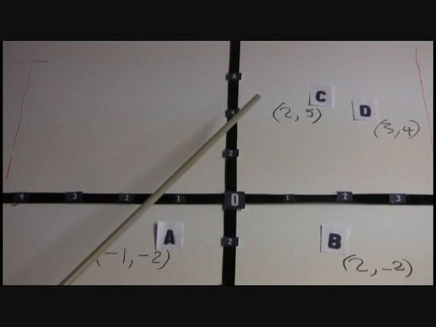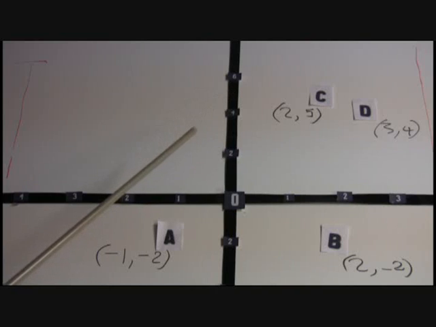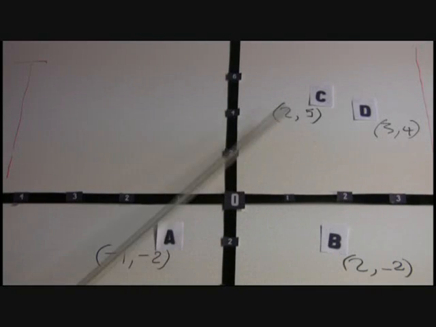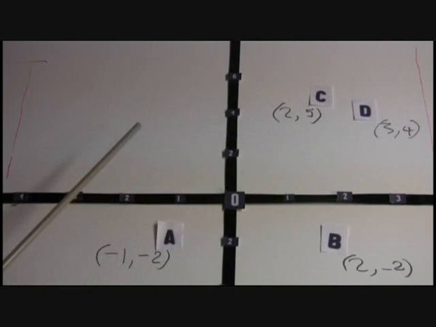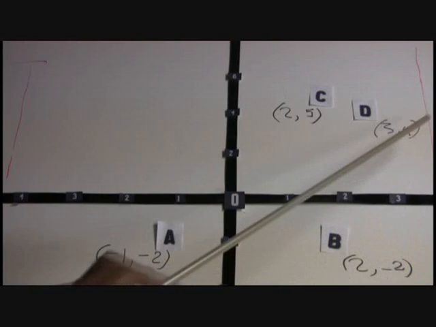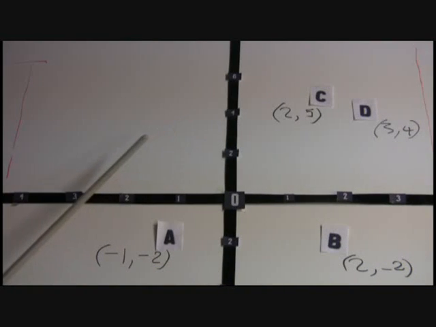The number obtained from the x-axis is called the x-coordinate. In this case, -1, 2, 2, 3. Those are all x-coordinates. And likewise, the number obtained from the y-axis we call the y-coordinate.